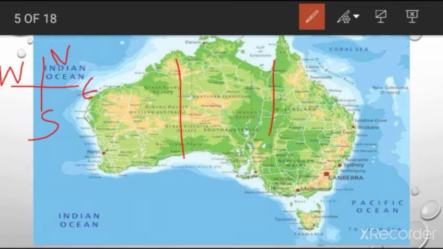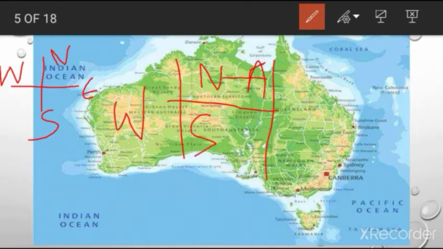This is the western part, so it is Western Australia. This is the northern part, Northern Australia, this is the southern part, Southern Australia, and this is the eastern part. The eastern part is again divided into three states: Queensland, Victoria, and New South Wales.